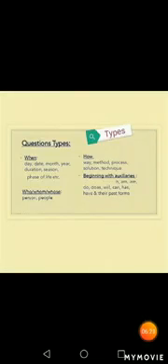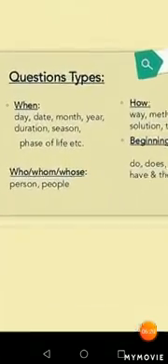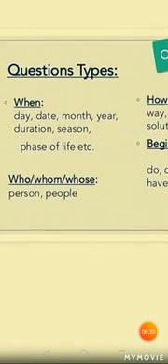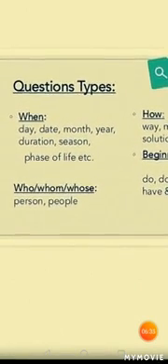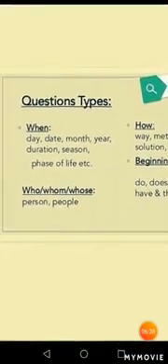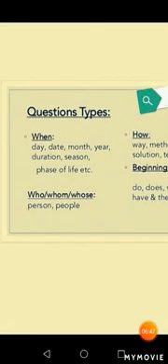In the same way, open-ended questions starting with when require a day, date, month, year, duration, season, or phase of life in the answer. For example, when did Hazrat Muhammad sallallahu alaihi wasallam and Hazrat Abu Bakr Siddiq radhiyallahu anhu migrate towards Medina?